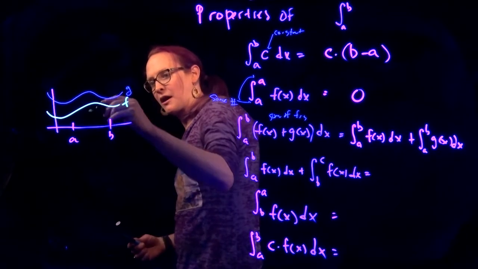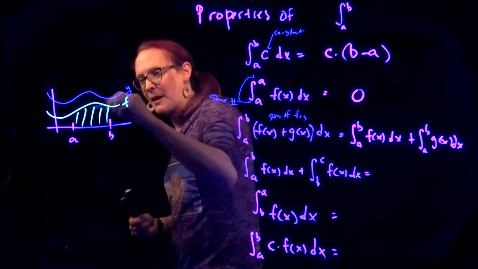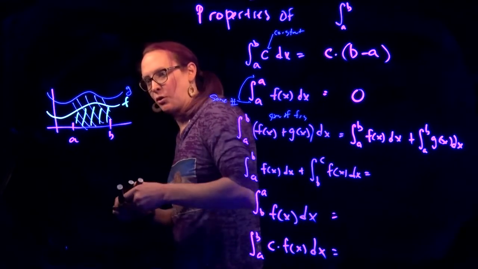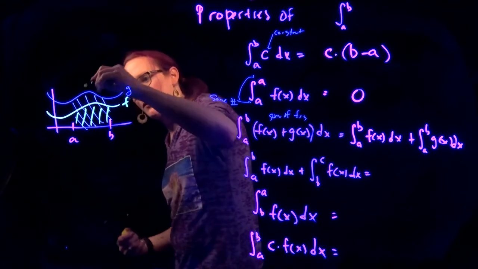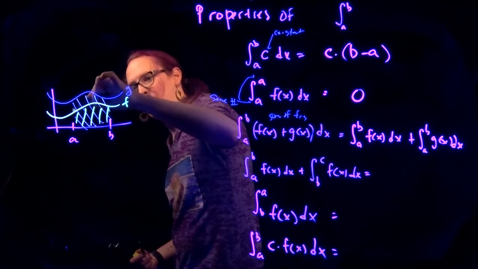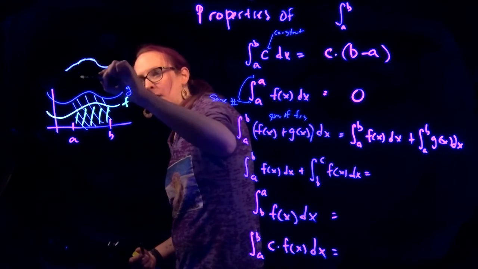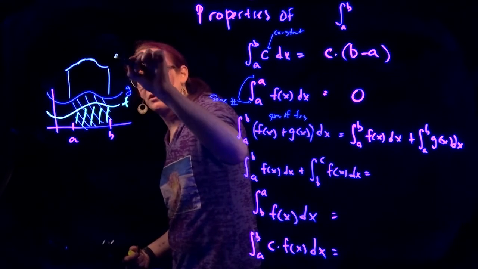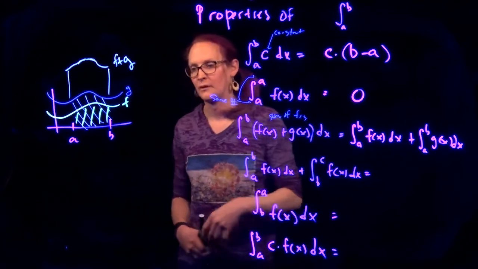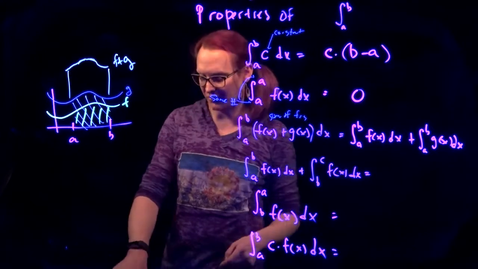The amount of area underneath that one plus the amount of area underneath that one is equal to what I would get if I were to write f plus g, which is I take the height of f plus the height of g. So it's going to be somewhere up here. So that function right there is f plus g. Because we're adding one area to another, it just gets to be like that.